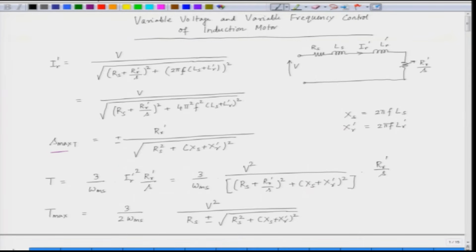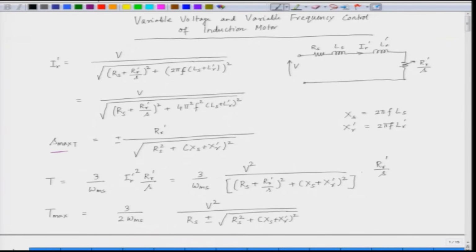We know that induction motor will have maximum torque from the torque speed characteristic. The maximum torque depends upon the square of the voltage. We have seen here that T max is proportional to V square. Now, in this case again we replace this reactance by frequency.